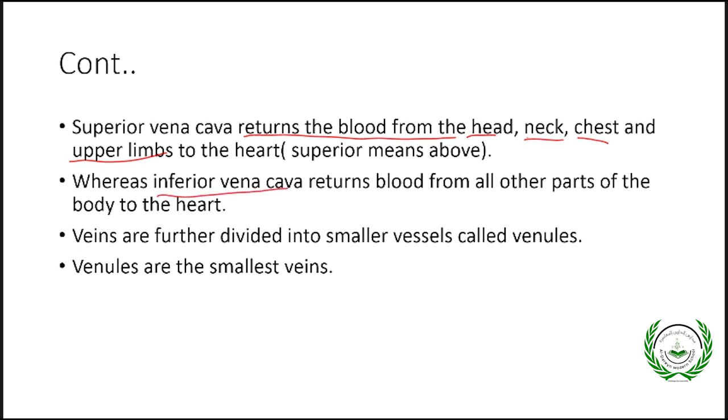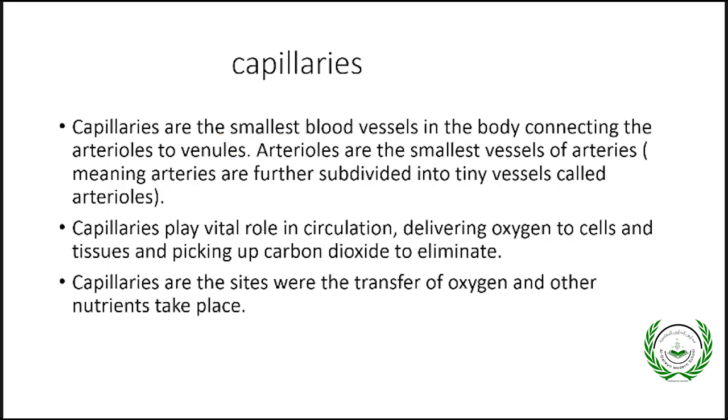The difference is that the superior vena cava retains the blood from the head, the neck, the chest, and the upper limbs, like our arms, to the heart. Whereas the inferior vena cava retains blood from all other parts of the body except the head, the neck, the chest, and the upper limbs.